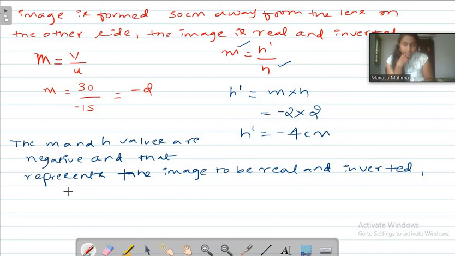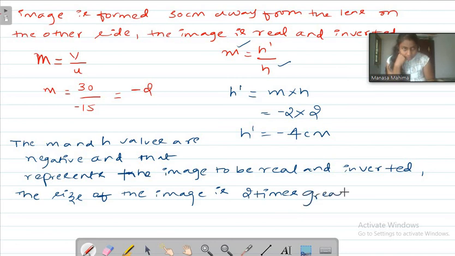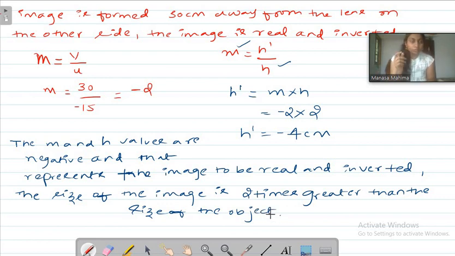Here the size of the image is 2 times greater than the size of the object. Like this we can conclude by a sentence by knowing the values.